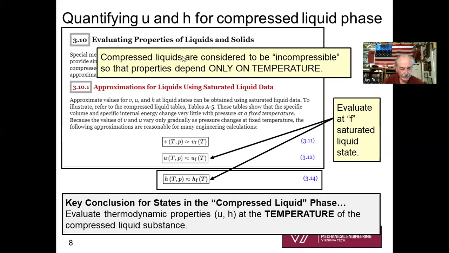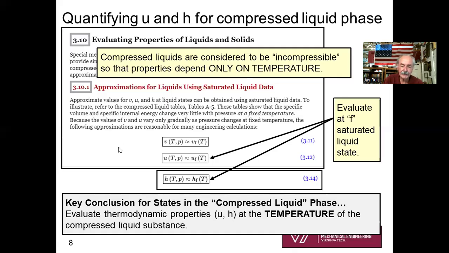It does turn out, so I'm just telling you the result, that when you have an incompressible liquid or solid, the internal energy U is a function of temperature only. So in other words, U for any temperature and pressure is about equal to U sub F, the internal energy of the saturated liquid at the given temperature. And the same is going to be true for enthalpy.